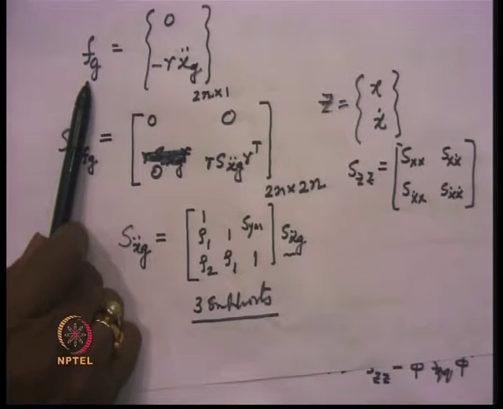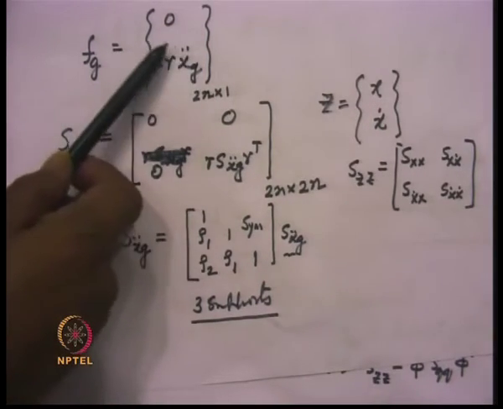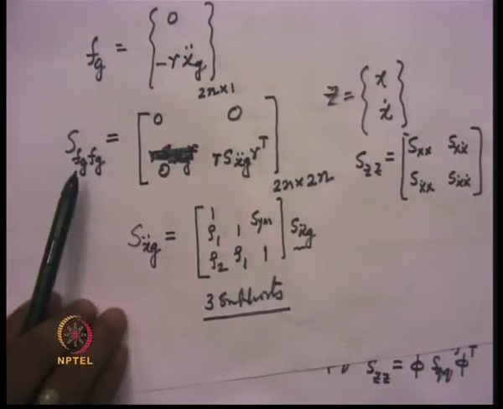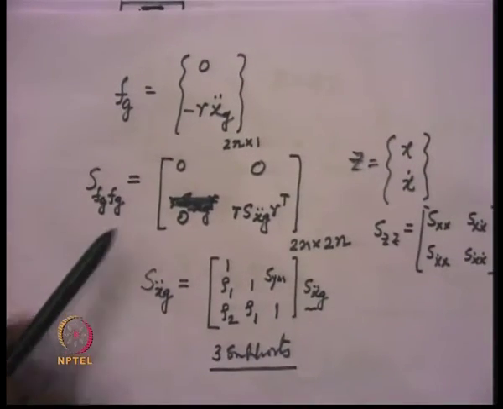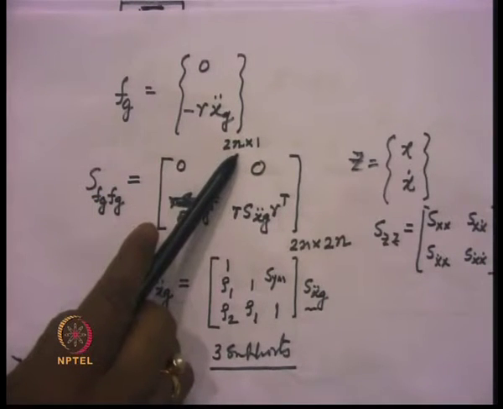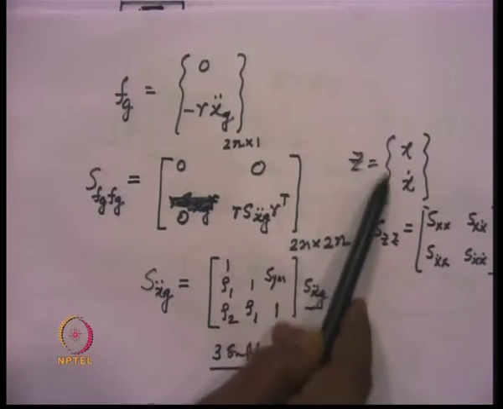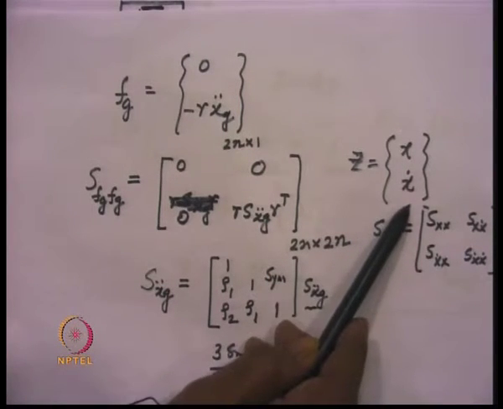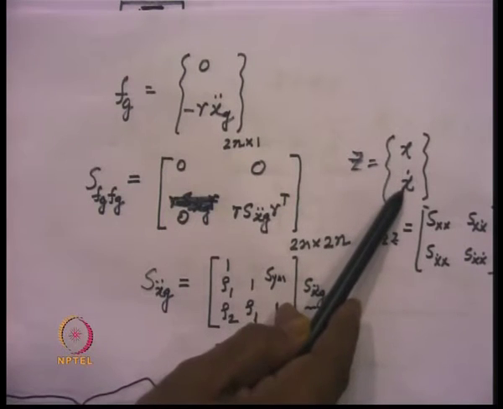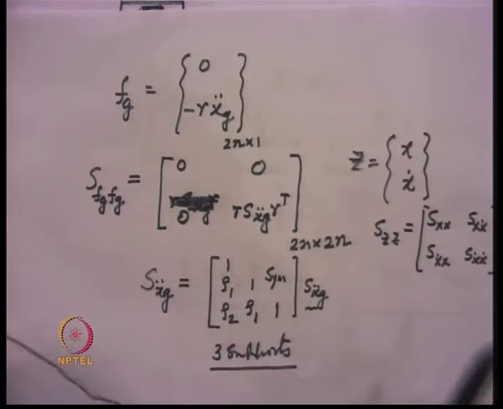This is the Fg in vector form, that is, the first n values are zeros, and then we have minus R x double dot G. So, it is of size 2n into 1, and Z is defined as x and x dot, that is, the states of the system defined by the displacement and the velocity.